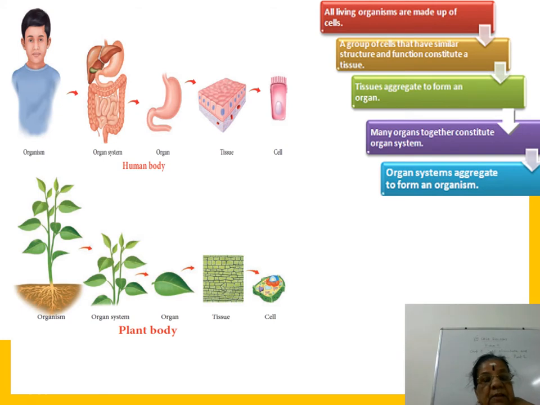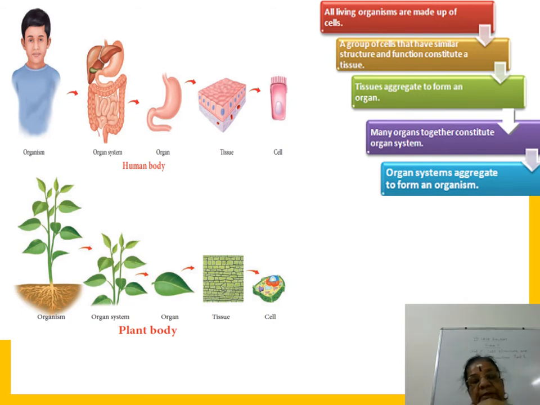In the same way, for the plant organism, the organ system is the shoot system, and in it the leaf is an organ. The leaf is formed of mesophyll tissues, and the mesophyll tissue is made of cells, the palisade parenchyma cells. I hope you understand.